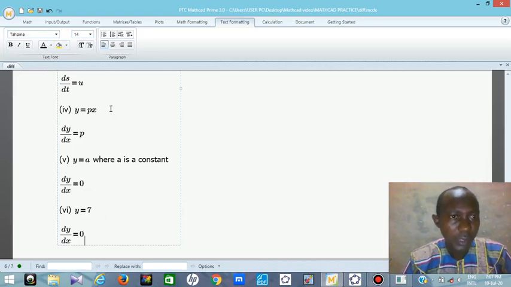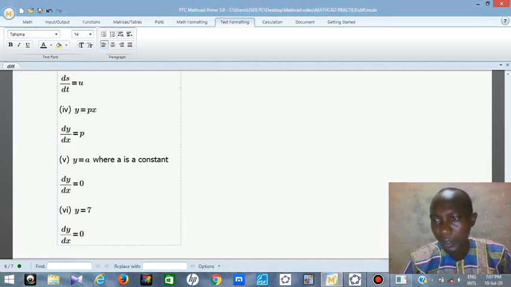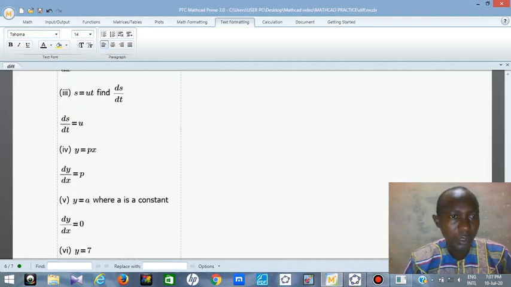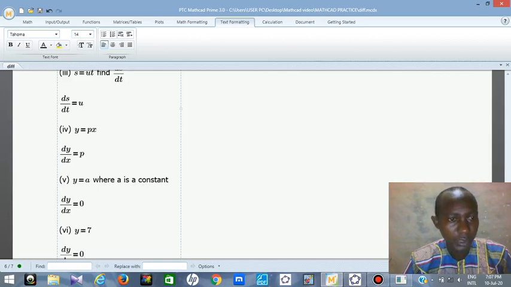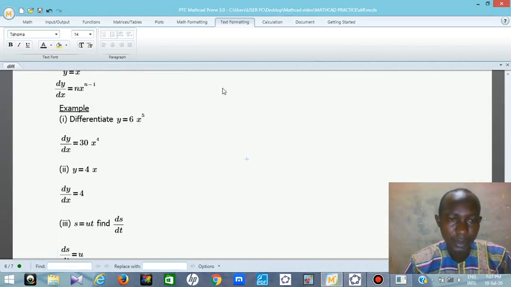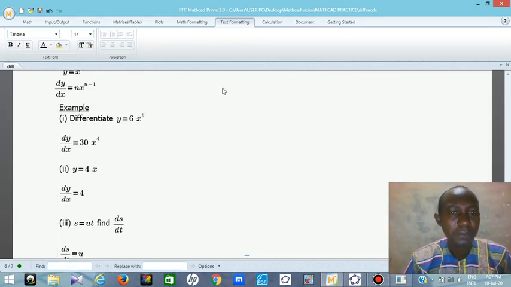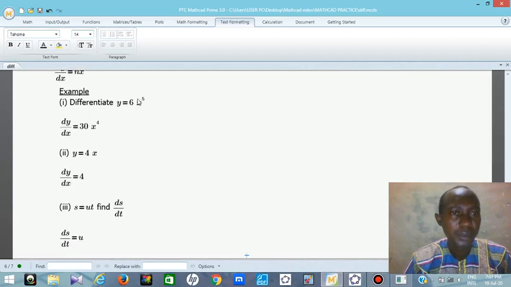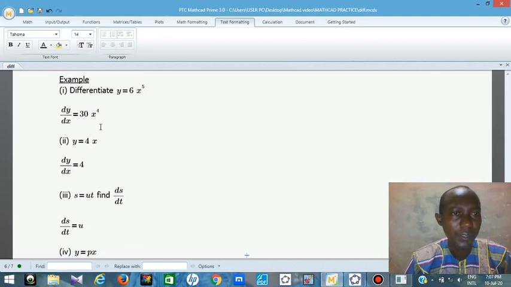With this knowledge we have so far, you can differentiate a complete polynomial question without any stress by following all these examples. If you follow the examples starting from number 1, you can see it. Follow your basic rule. 6x raised to the power 5 will give you 30x raised to the power 4.